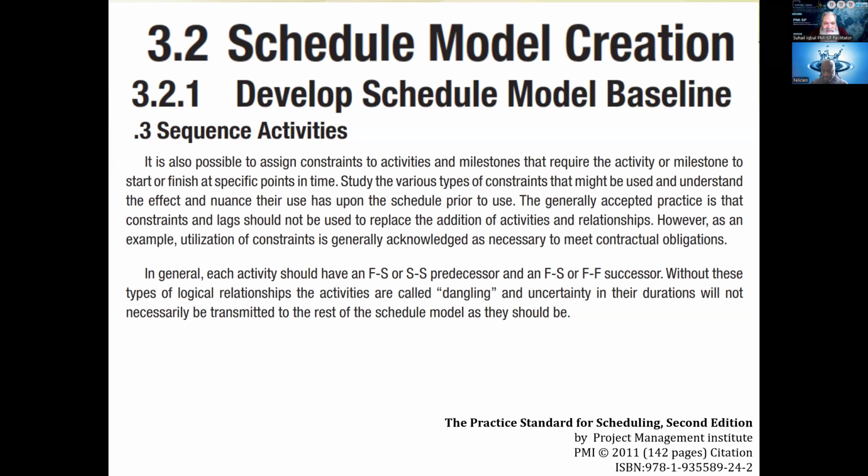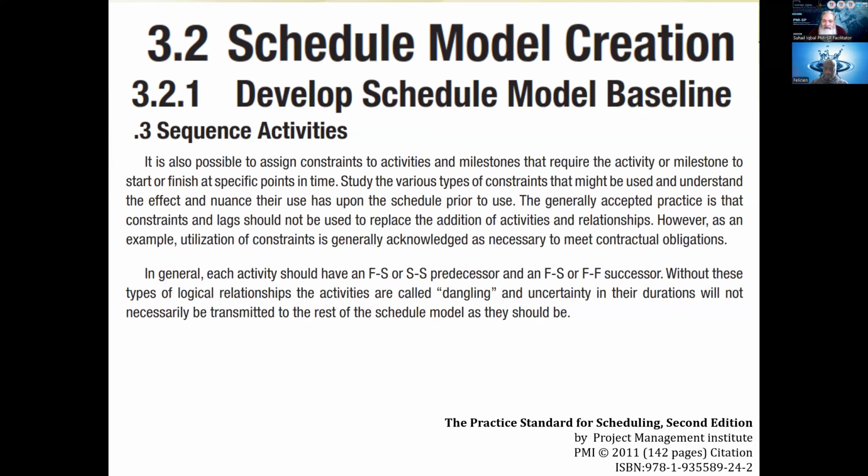In general, each activity should have, yes, this is very important, each activity should have an F to S or S to S predecessor. Meaning, from when an activity ends, any activity could be a predecessor of an FS relationship or an SS relationship.